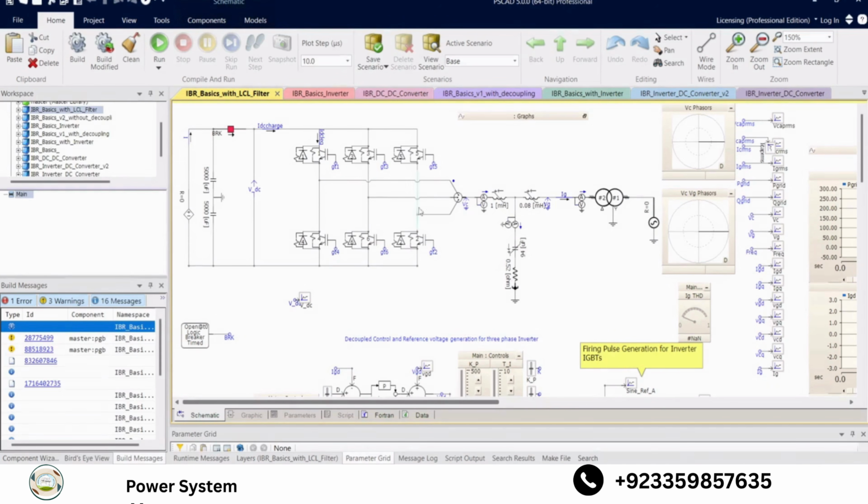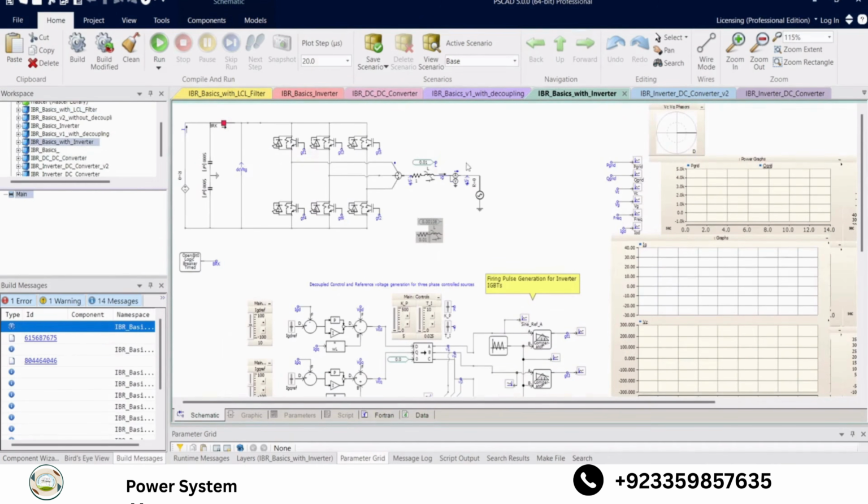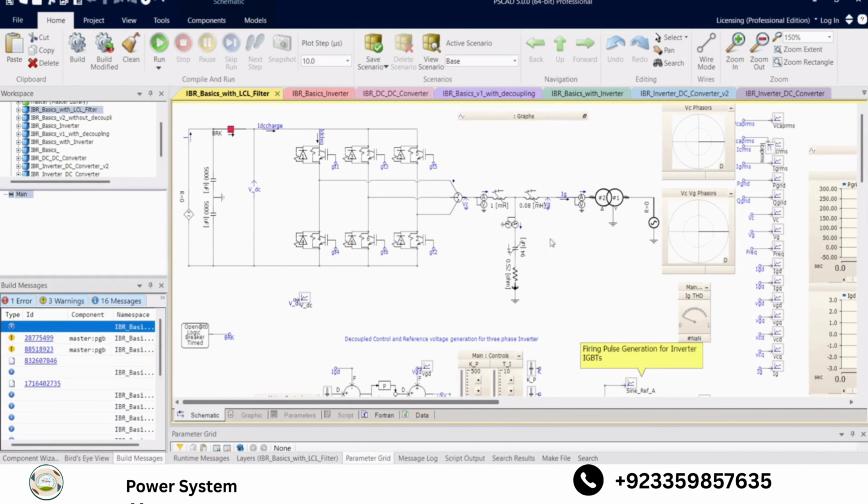For example, I think I was getting about 35% THD, total harmonic distortion, without this LCL filter. So 35 is quite high. With the LCL filter, I think I was getting about 1%, maybe less than 1% THD.